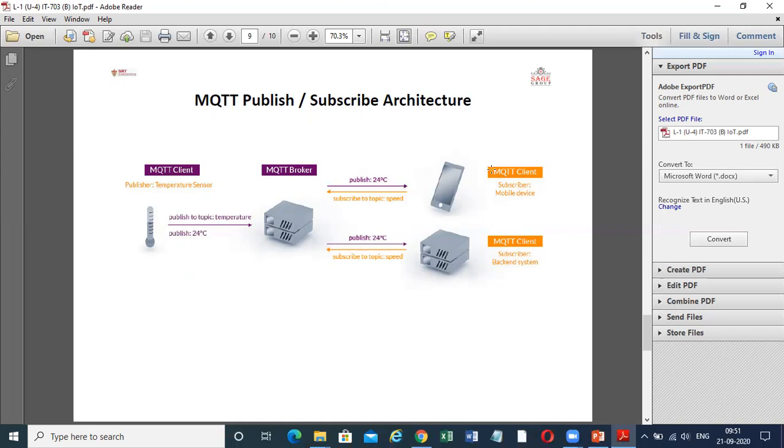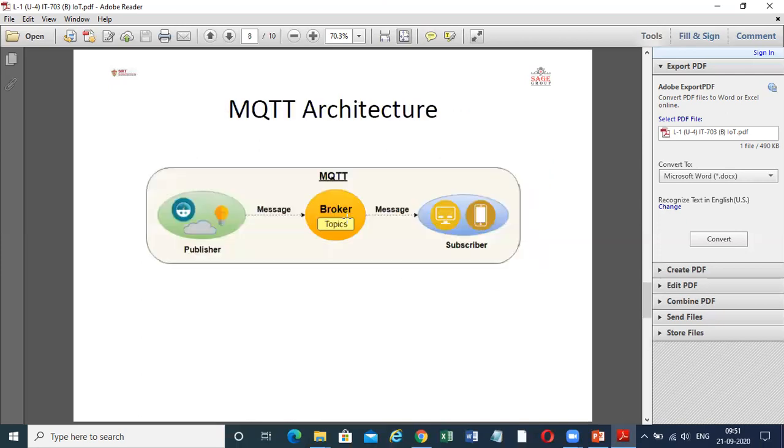The subscriber subscribes to the data, and the data is sent according to topic by the broker. So in this architecture, the publisher, broker, and the subscriber, here is the clarity regarding what they are doing.